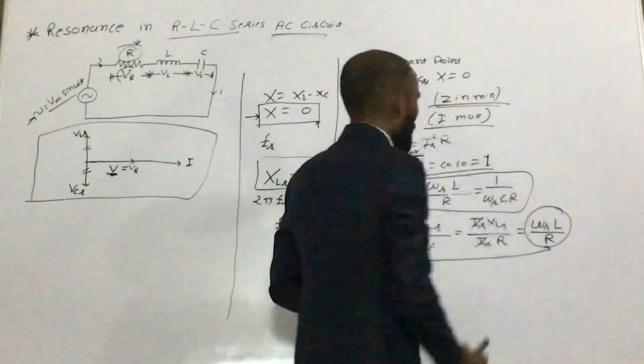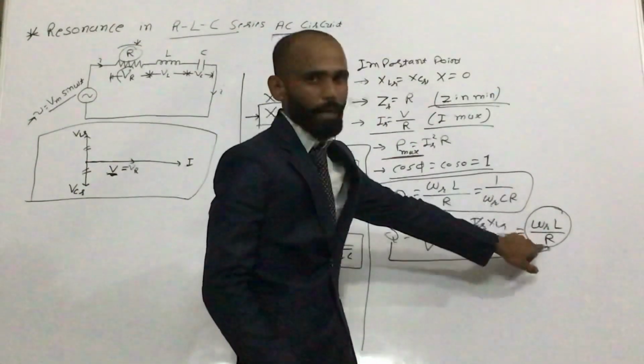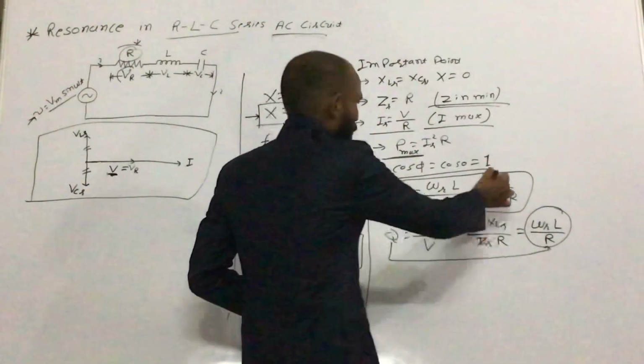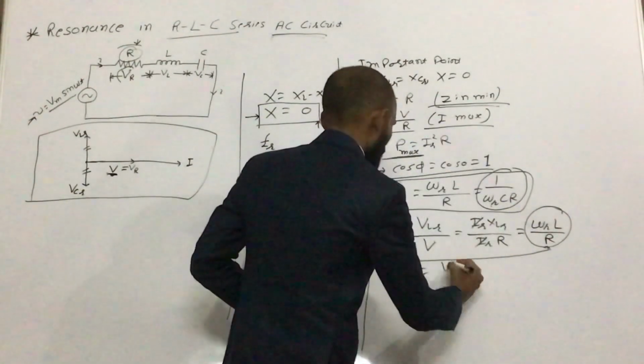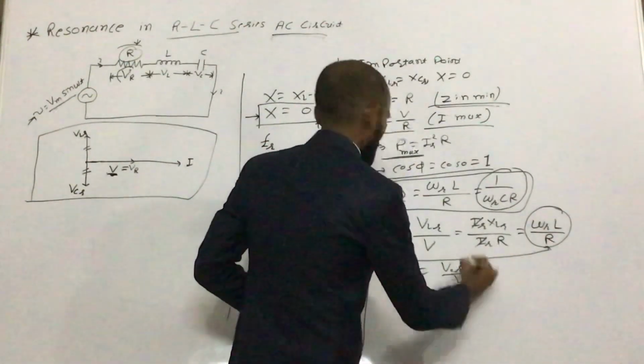It is equal to omega L divided by R, and you can obtain the value 1 divided by omega CR by using this equation, VCR divided by V.